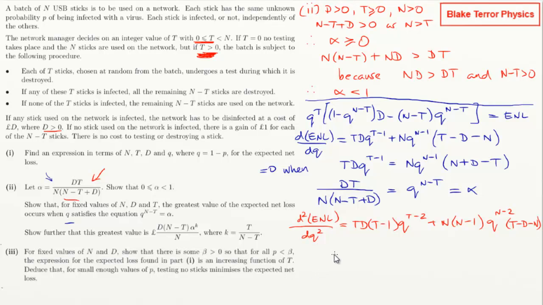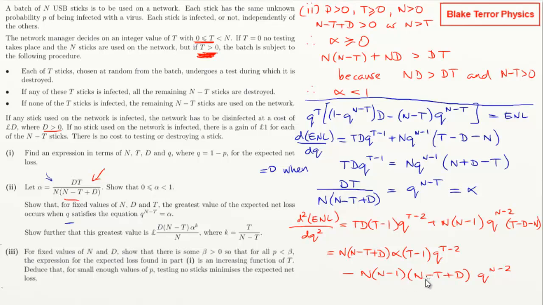So that dt, I could say that is going to be n minus t plus d times alpha times t minus 1 times q to the t minus 2. And then I'm subtracting to get the n minus 1, then n minus t plus d, q to the n minus 2.